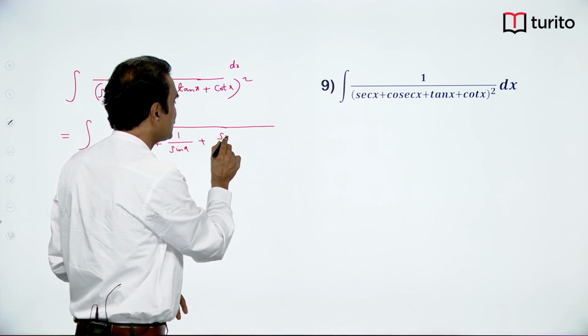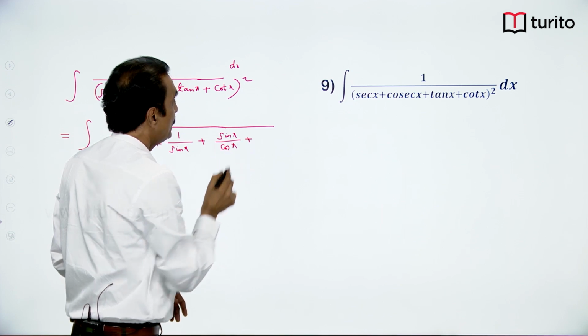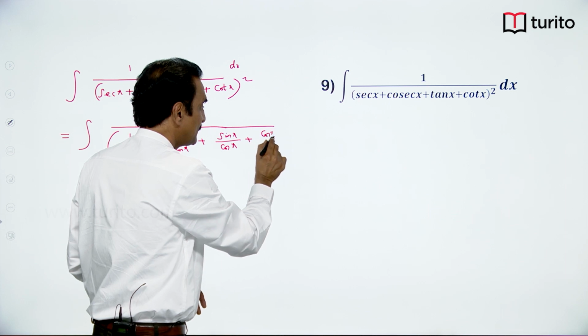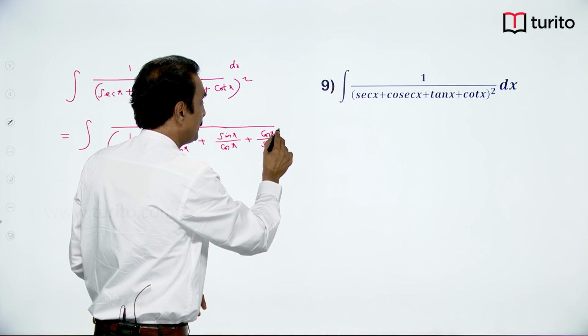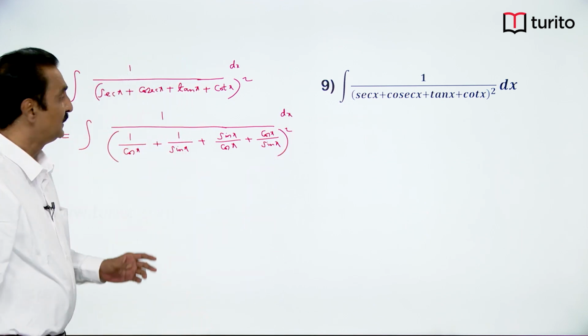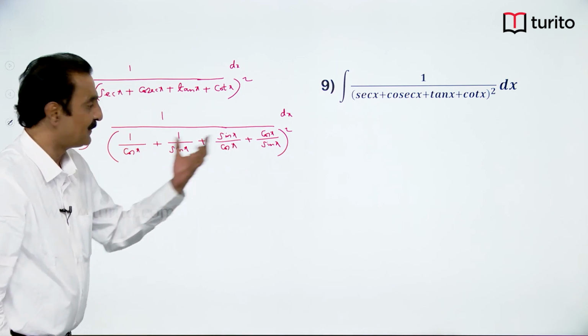Tan x is sin x by cos x, and cot x is cos x by sin x, whole square dx. Now, combine these two and these two separately.